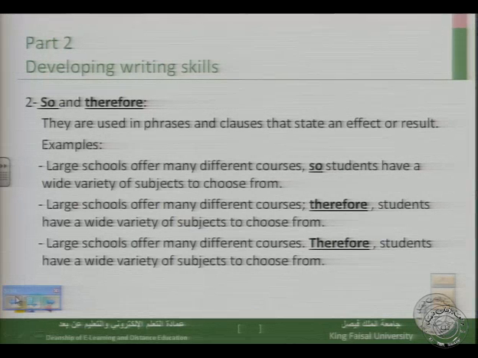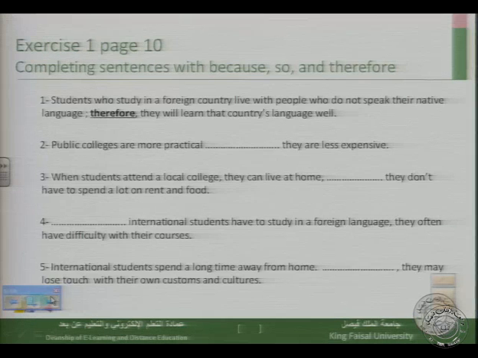We can also start a sentence with therefore, so we write therefore with a capital letter, and then we have a comma just after it. Now we are going to move to an exercise to practice what we have learned about using those connectors.